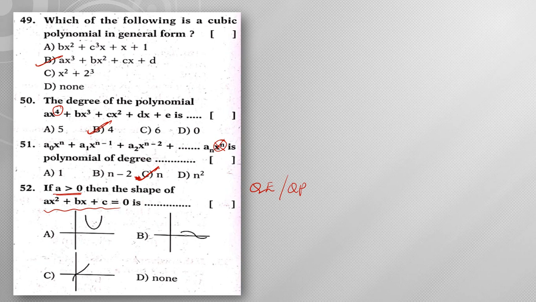The shape of a quadratic equation is nothing but a parabola, and that parabola depends on the value of the x square coefficient. If the x square coefficient is positive, the parabola opens upwards. So it is opening upwards, hence option A will be my answer, right?